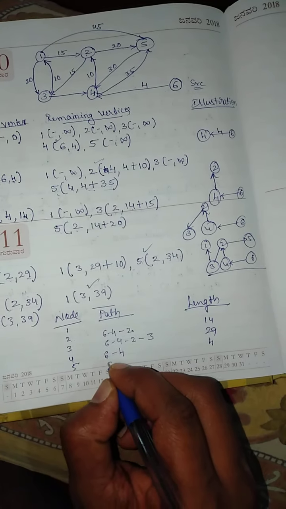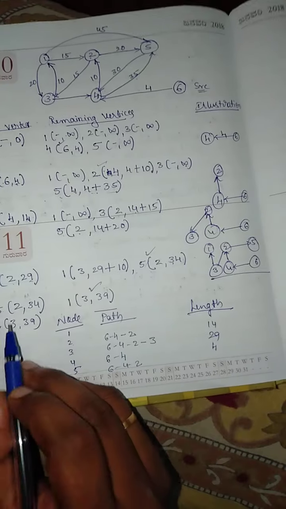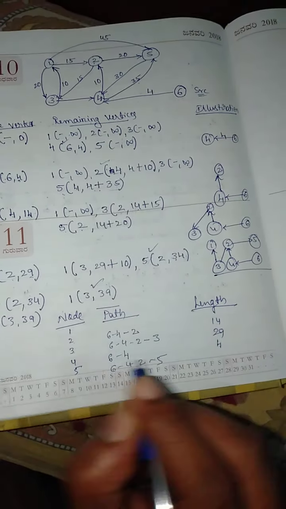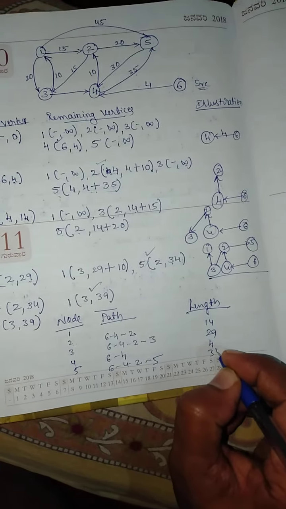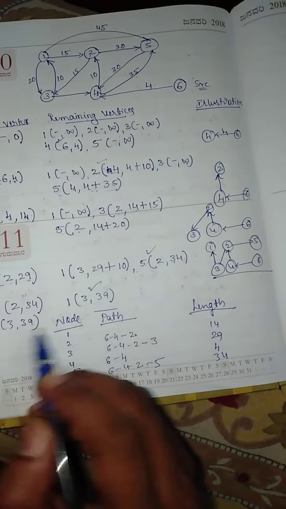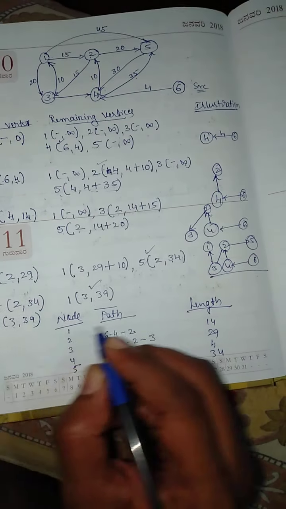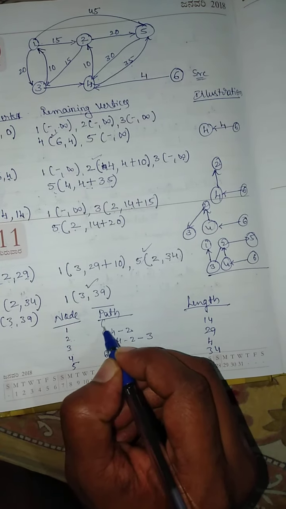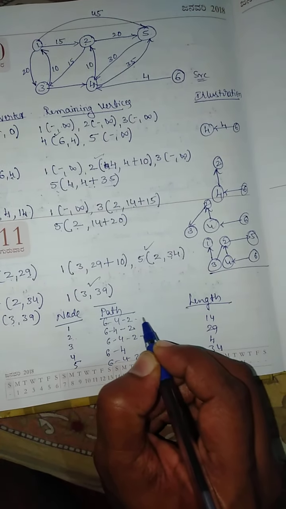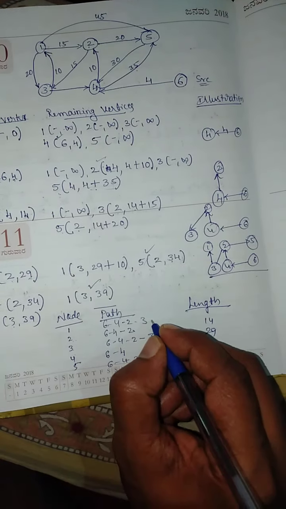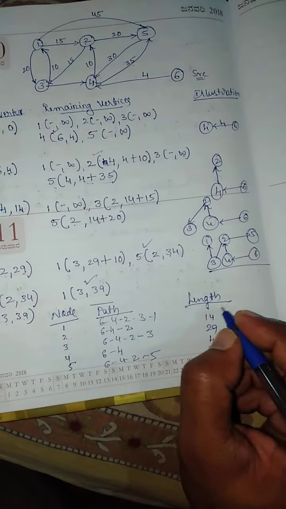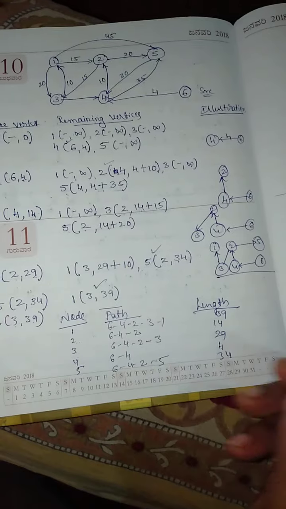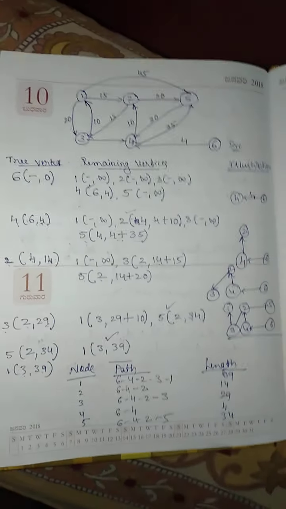The path to 2 is 6, 4, 2, and then 2 to 5, and the cost is 34. Next 1, via 3. The next to last node is 3. The path is 6, 4, 2, 3, and then 3 to 1, and the length is 39. So these are the shortest lengths.